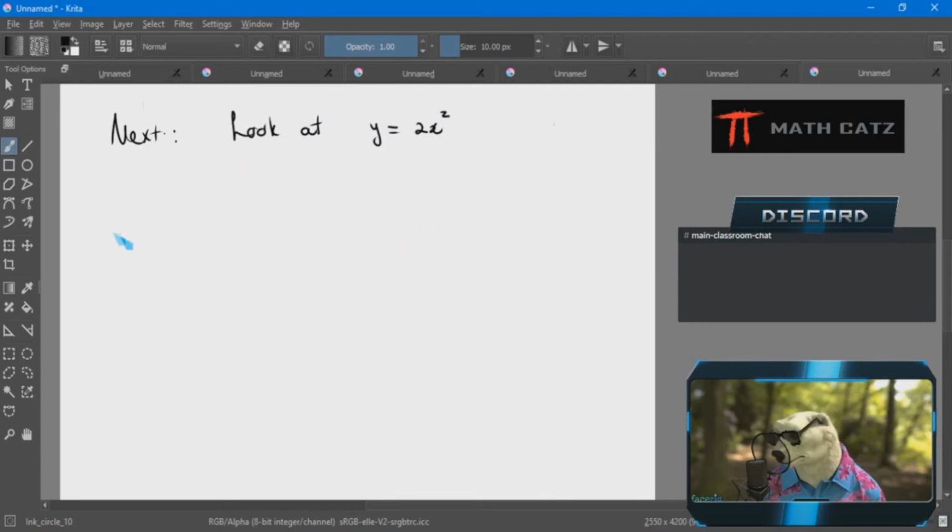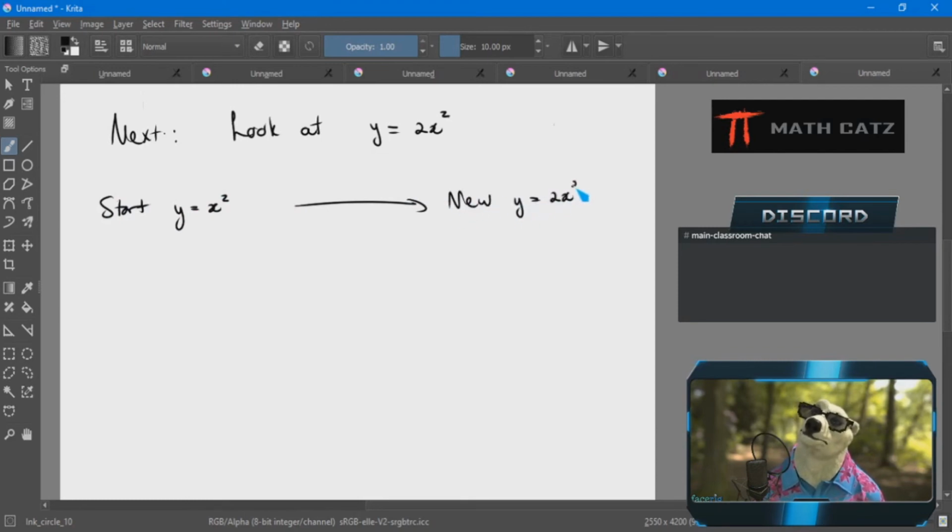Again, it's built on my basic function, x squared. And then I'm transforming it in some way to make the new function 2 times x squared. All right, now I know my basic function, so I know the graph.